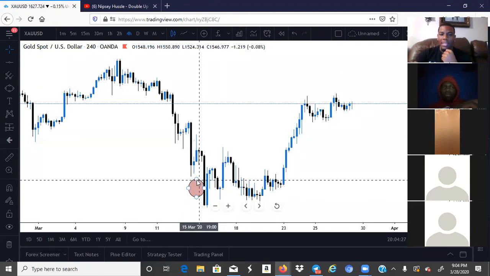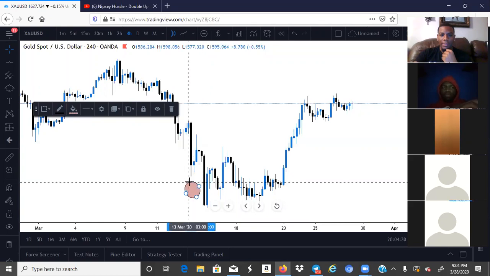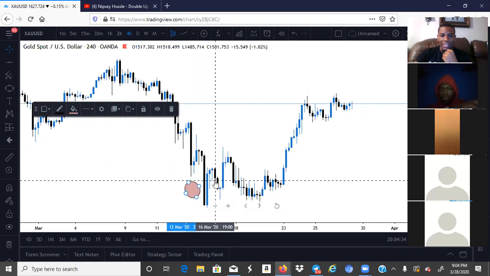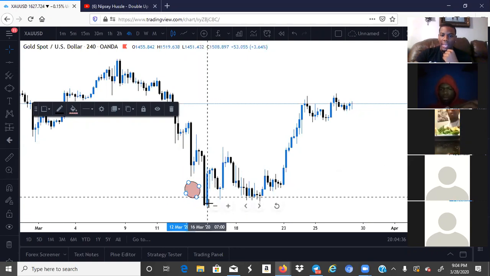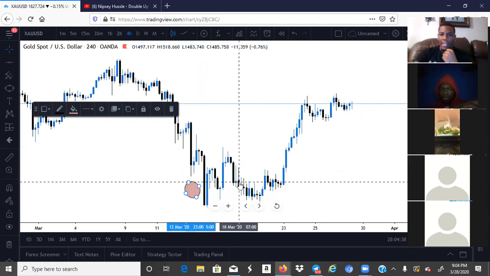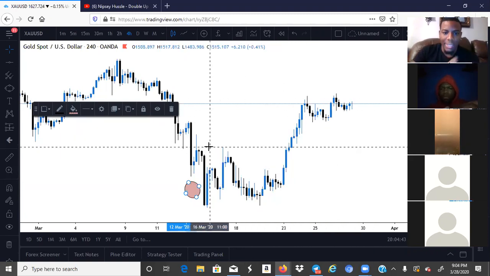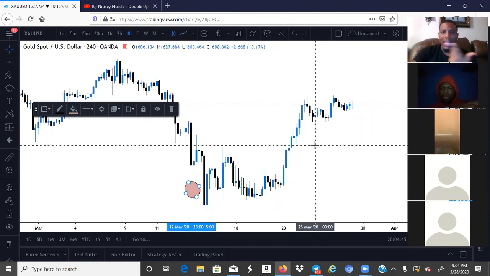And then what happened immediately after that? Immediately after this big push down, we had a buy candle right back up, and the market never really came back down to this area, right? It kept flowing up, up, up. So that's what smart money did. They sold to buy. That's what I look for.